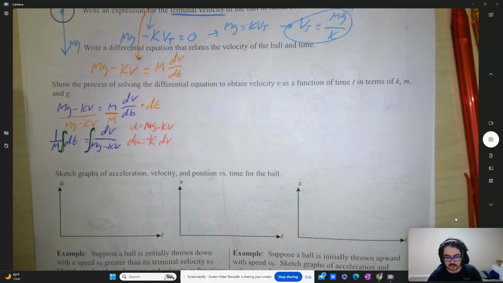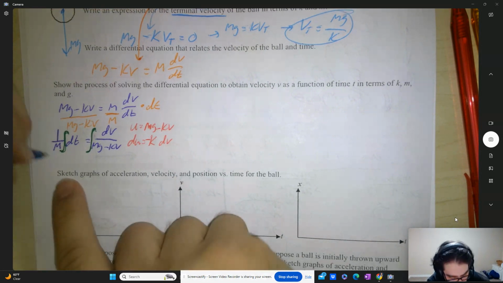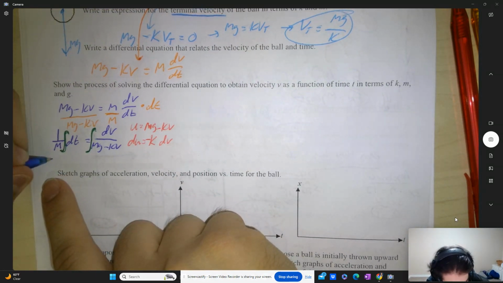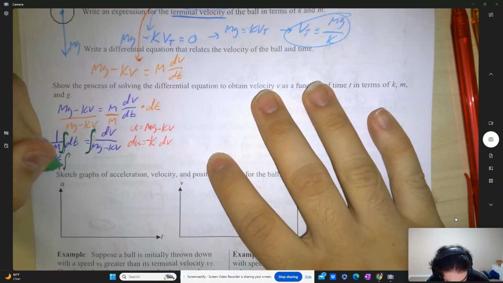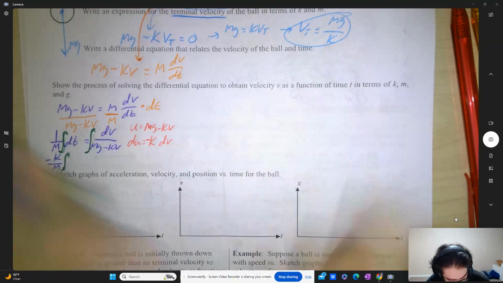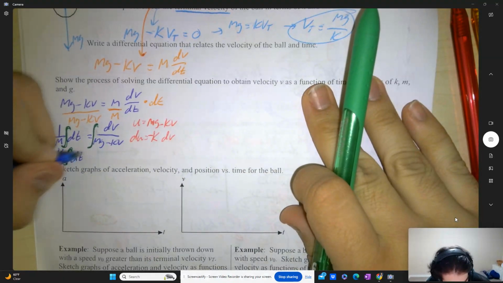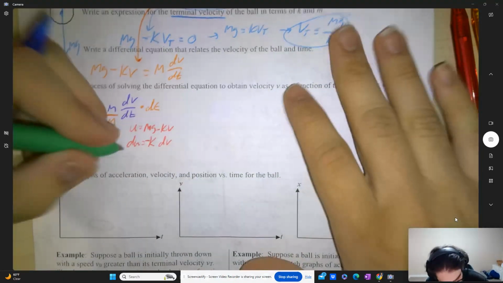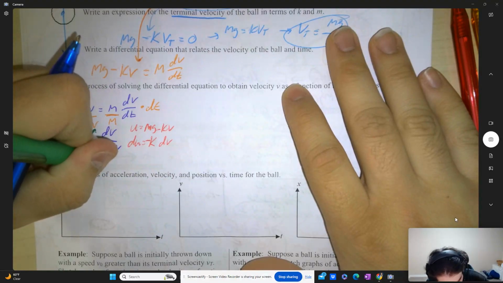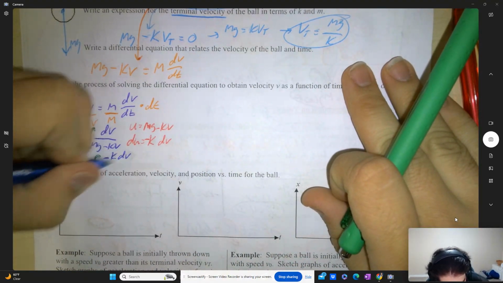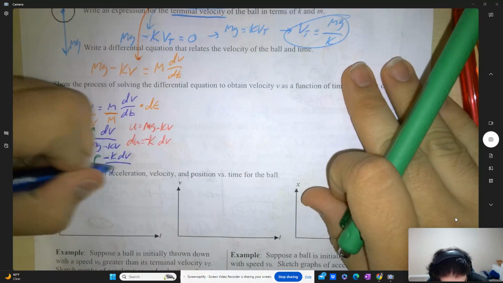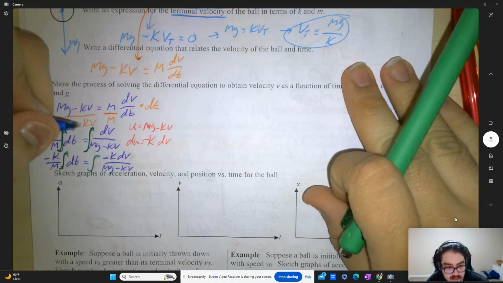So I'm going to rewrite this: negative k over m, integral dt equals the integral of negative k dv over mg minus kv, okay?